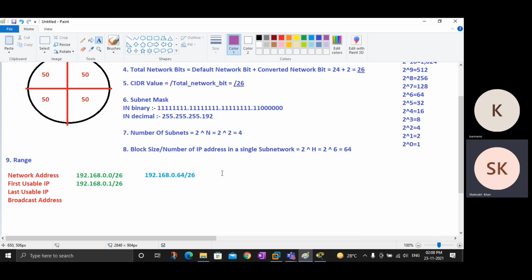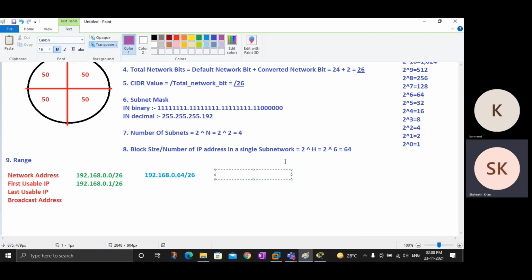And for the third one, add 64 in the network address of the second network. 192.168.0.64 plus 64, we will get 128/26.